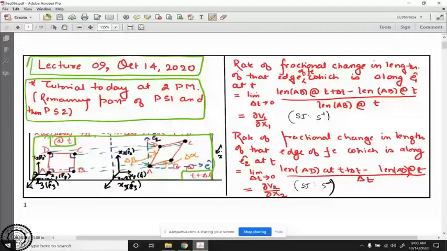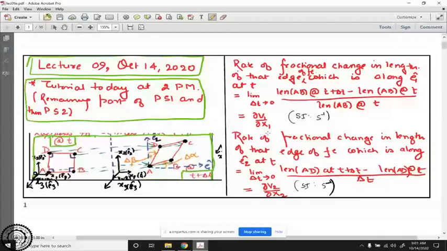This is what I have said in words: length of AB at t plus delta t minus length of AB at t, divided by length of AB at t, in the limit delta t going to 0. I showed the steps in the last class. In this limit, it turns out to be a very simple expression.